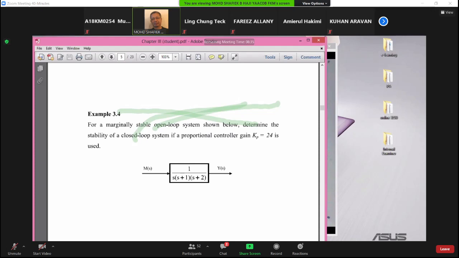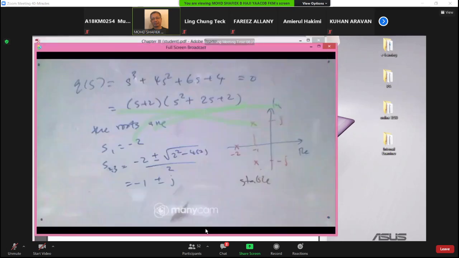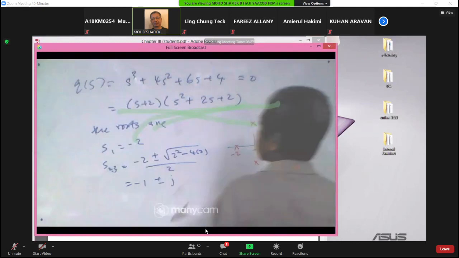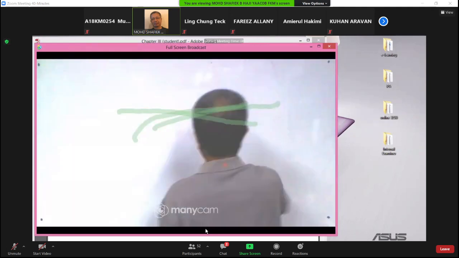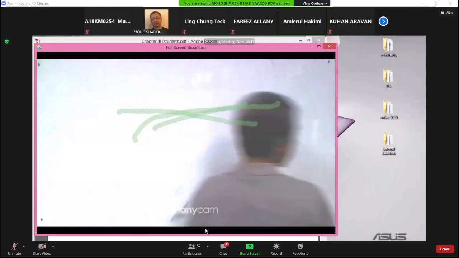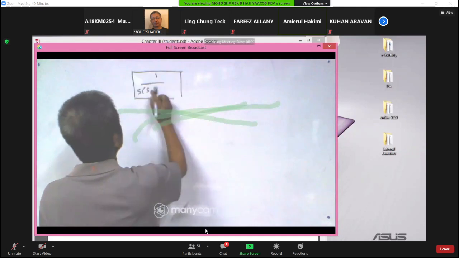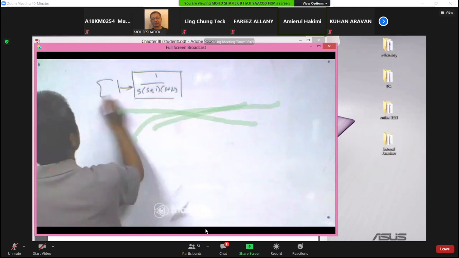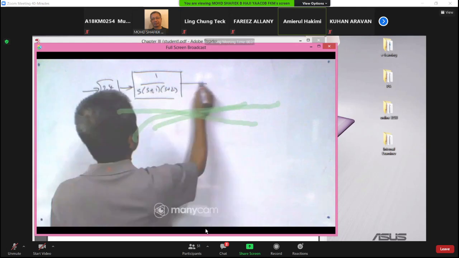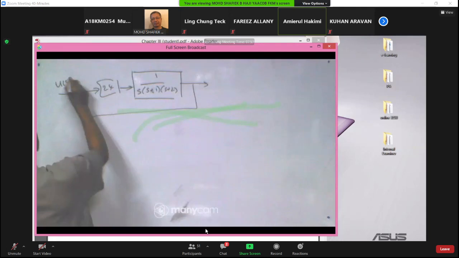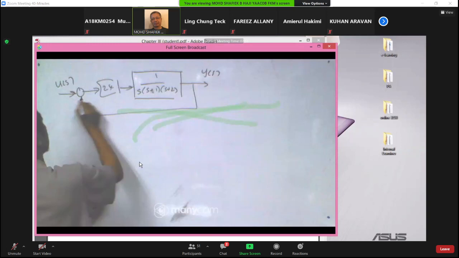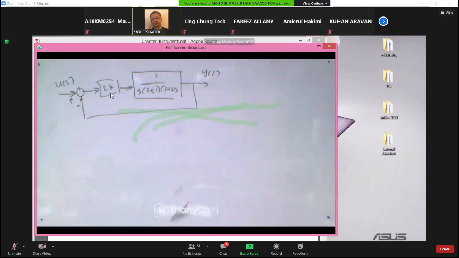Let me go to my whiteboard. Now this is a closed loop system with a proportional controller gain of 24 selected for us, and all you have to do is obtain the characteristic equation and then obtain the roots to show whether the system is stable or not.